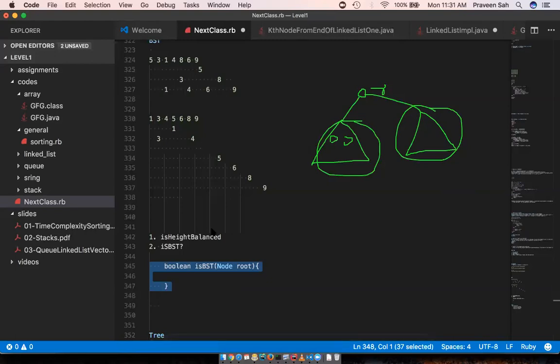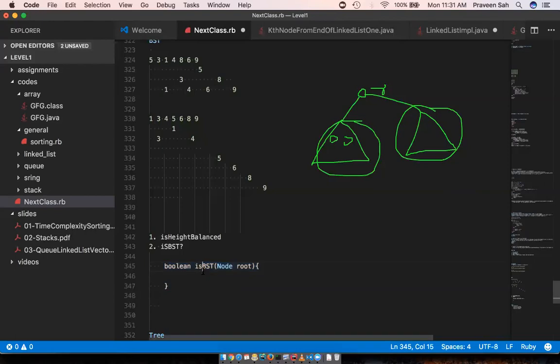Any thoughts? Yeah, Praveen. So what we can do is start with the root node, check if the left node is less than the root node, and if the right node is greater than the root node.